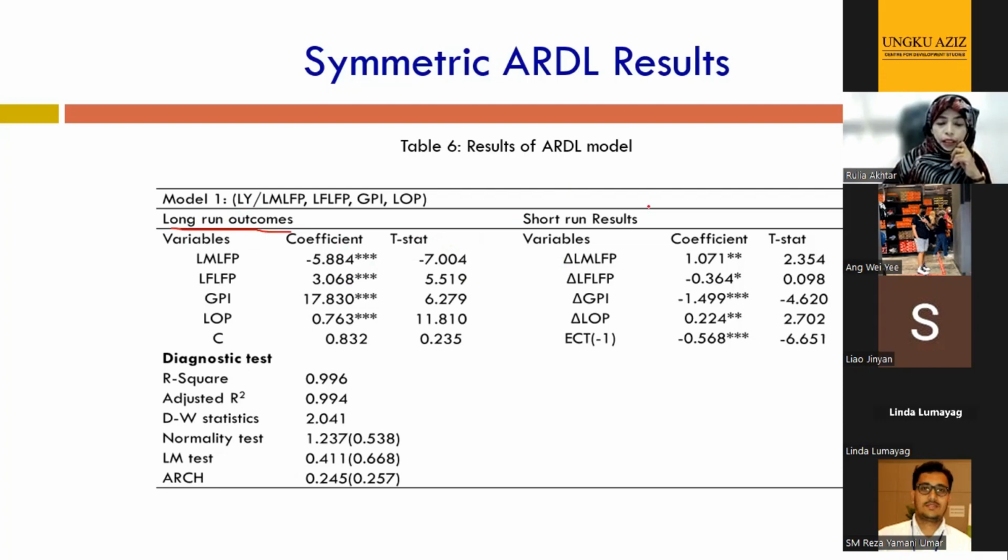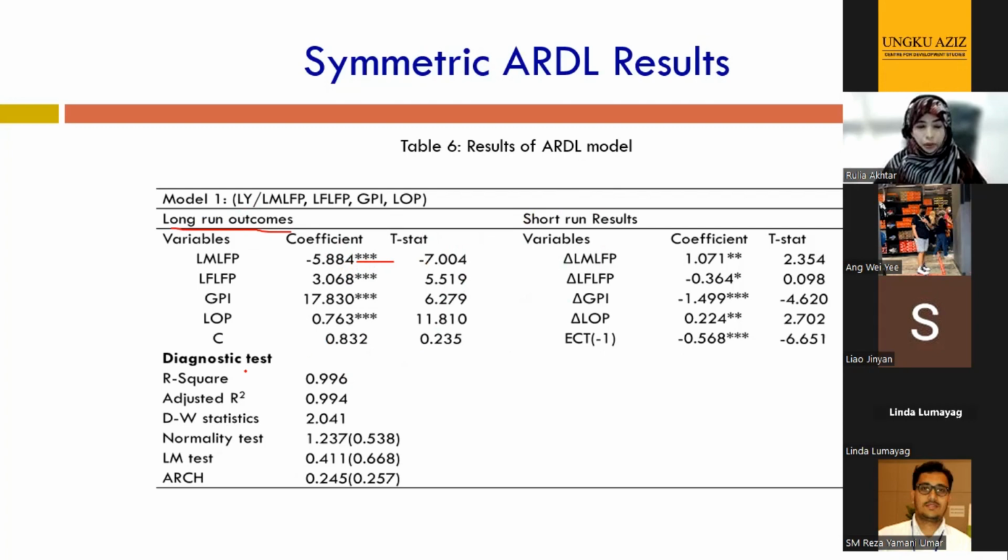This is the short run analysis result. Here, I didn't put the p-value because I have already put the asterisks. Three asterisks mean the 1% level of significance, two mean the 5% level of significance, and one means the 10% level of significance.